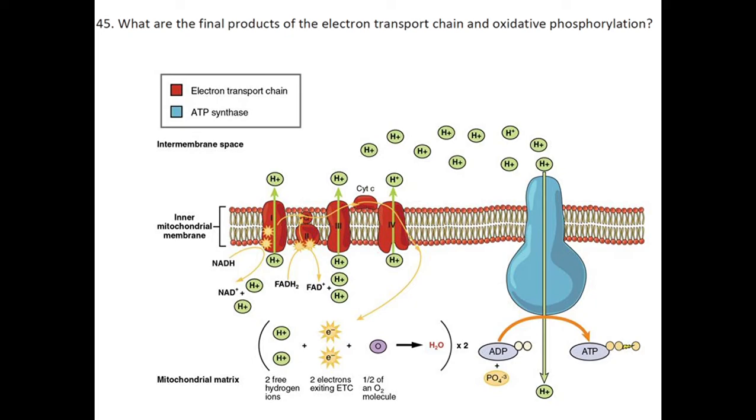And H+ will be pumped from the matrix through the inner membrane to the other side. Therefore, I create a gradient of H+, which means that on one side, the top here, I have a high concentration of H+, and at the bottom I have a low concentration of H+. So what do you know about those H+?